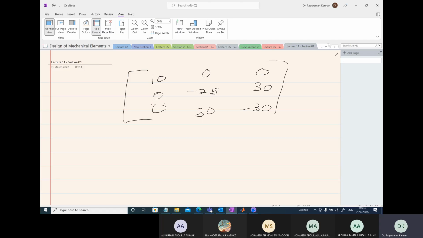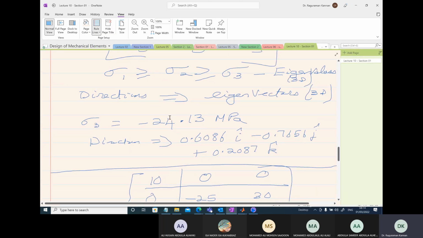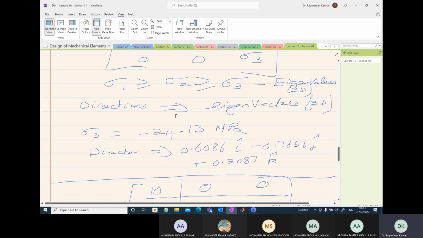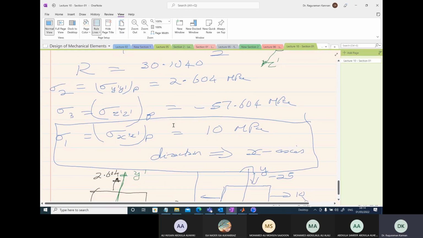So this is the problem we had, and we also need to check the solutions. I'm not going to write the solution here. Rather, we need to see whether we get the same solution or the right solution in our problems.